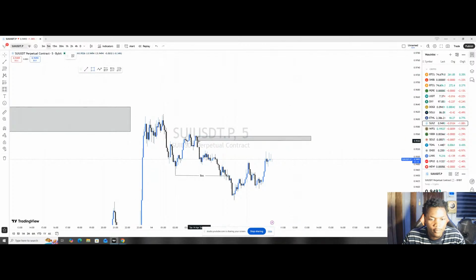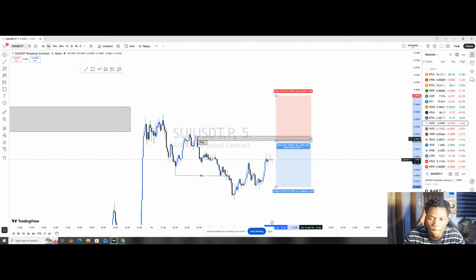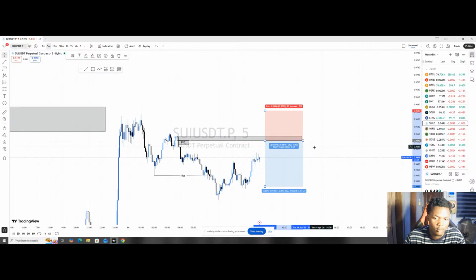So we have our fair value gap here. So should we put our stop loss somewhere here? That's actually a big stop loss, so let's just take it down.